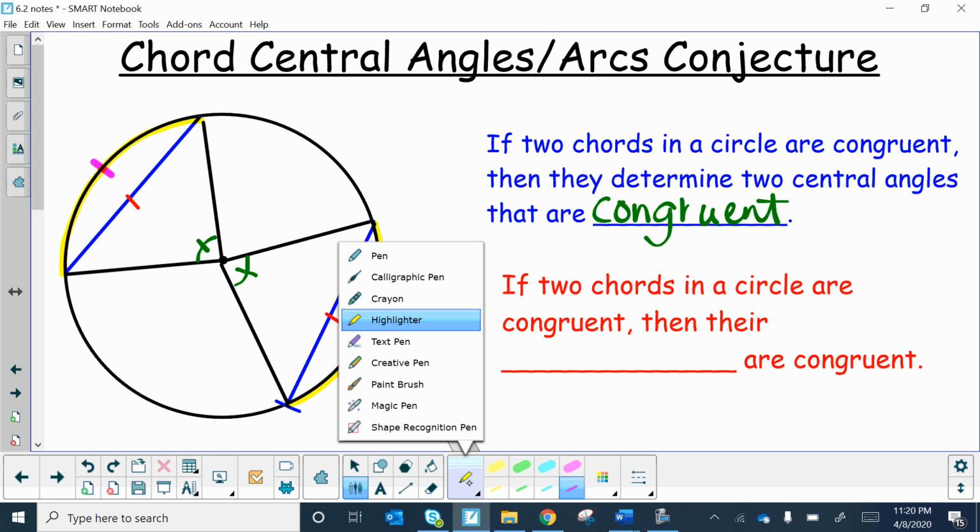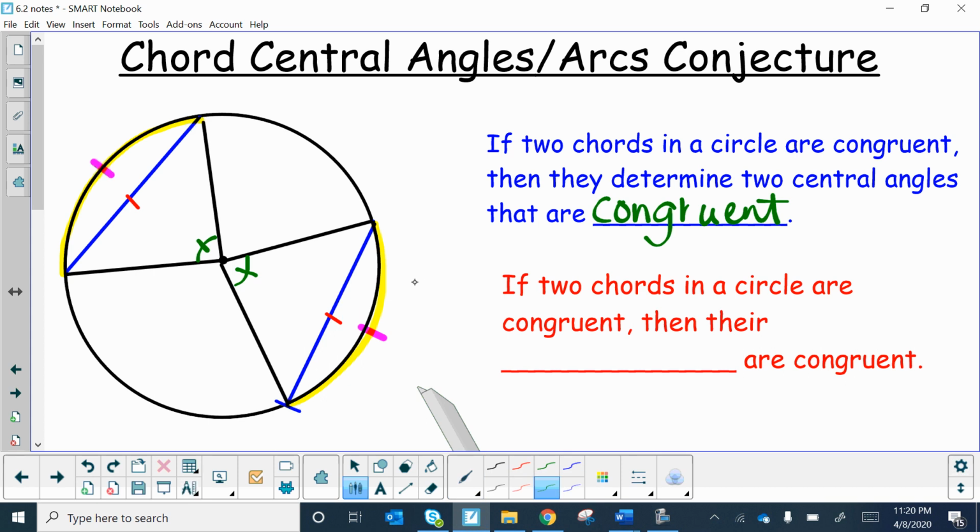And we learned a while back that the central angle, let's just say this one looks like about 80 degrees. If this is a central angle that is 80 degrees, now remember this is also going to be 80. And then you learned that the central angle is the same as its intercepted arc, so that makes this arc out here 80 degrees, and that one as well.